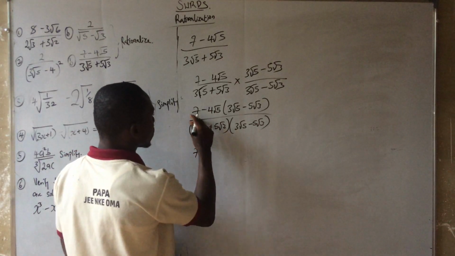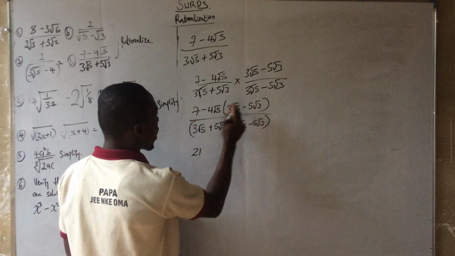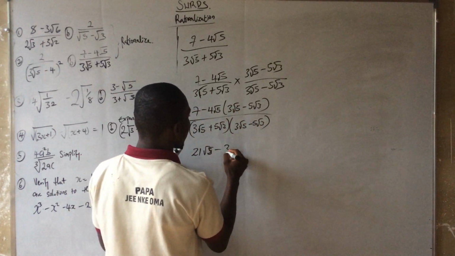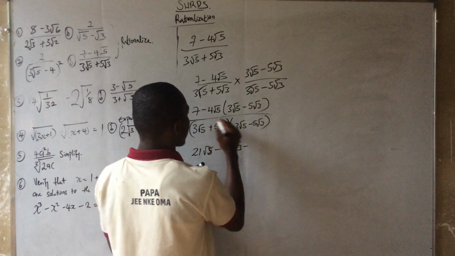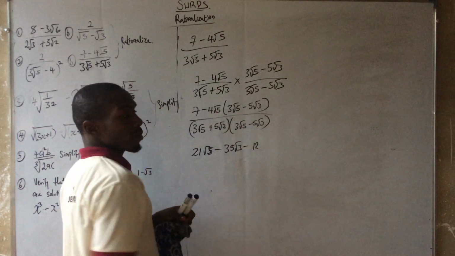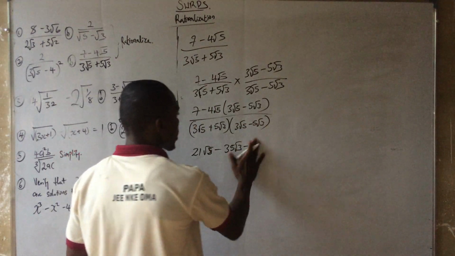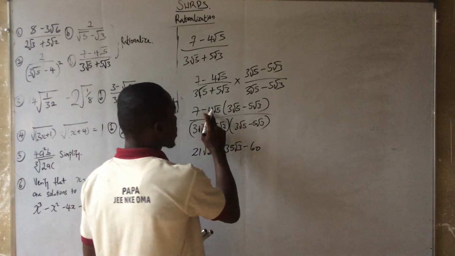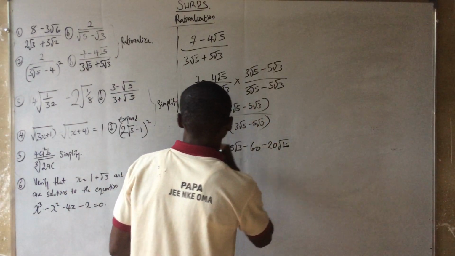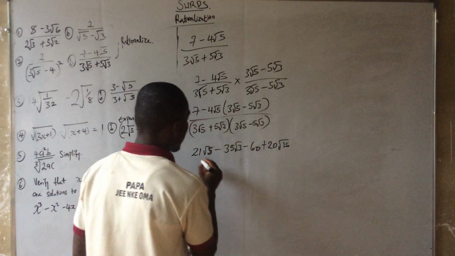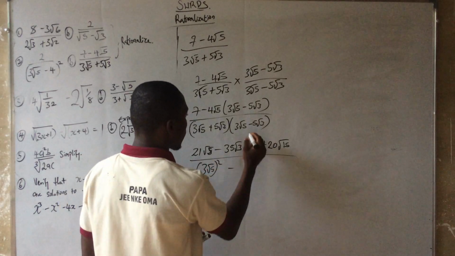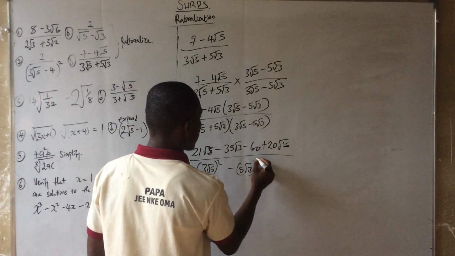So now this is 21 root 5 minus 35 root 3 minus 12 root 5 times 5, which is 12 times 5 is 60. So now this is minus 20 root 15, actually plus 20 root 15, all over 3 root 5 all squared minus 5 root 3 all squared.